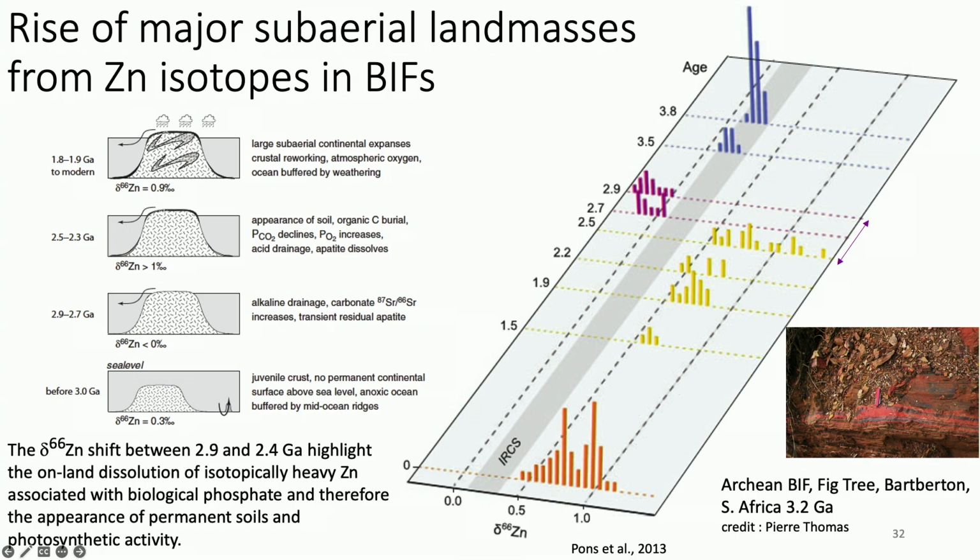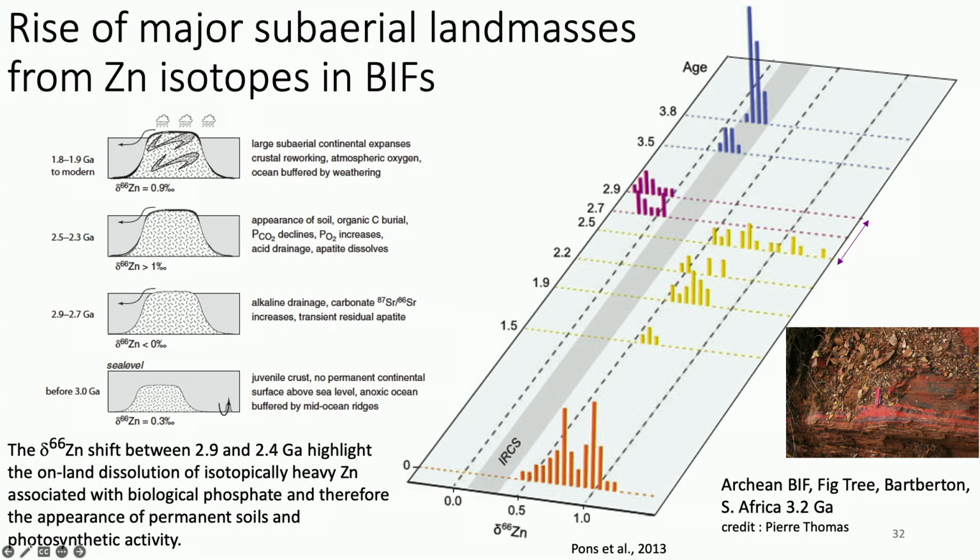There's been a huge change, and that change, going toward modern time, is consistent actually with changes in pH and other stuff. And the short message is that the signal shifts significantly between the time that I've just highlighted, and that's typical of the dissolution of the heavy zinc isotopes.